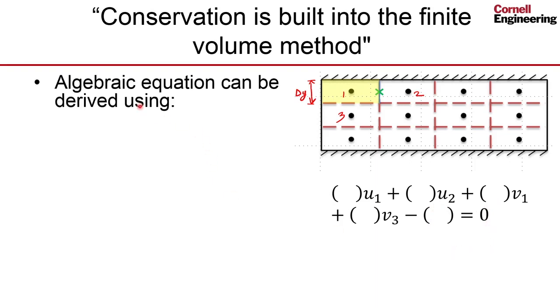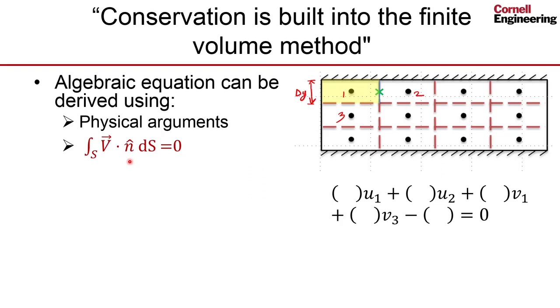And this algebraic equation can be derived using physical arguments or by going back to the integral form of mass conservation. In either case, you get the same equation. I did it using physical arguments because it's a little bit easier to understand. As you go to more complicated situations, say for instance, you look at the momentum equation in the presence of turbulence, you definitely want to do it from the integral form, since that's more rigorous.